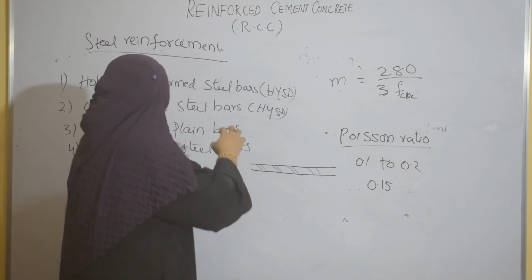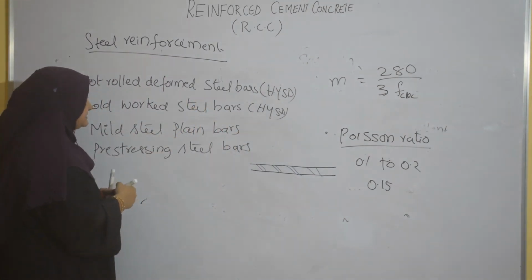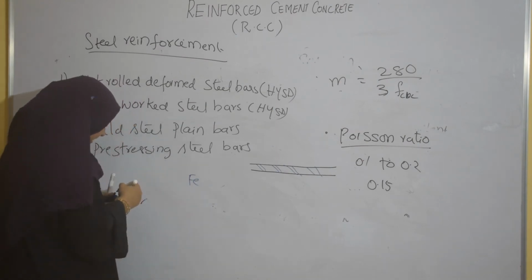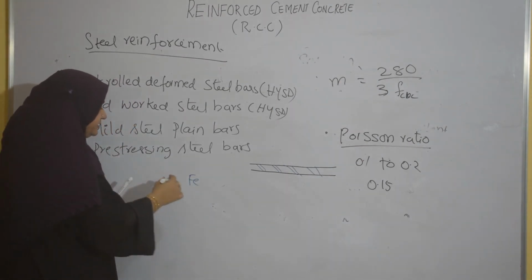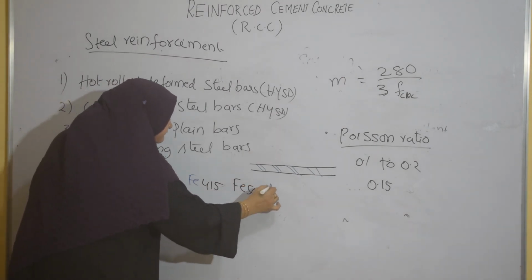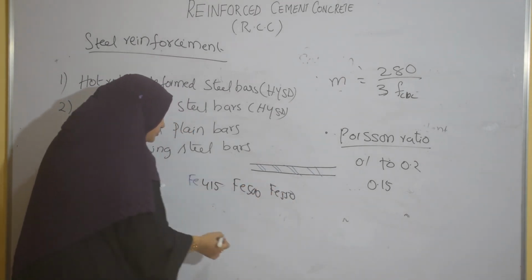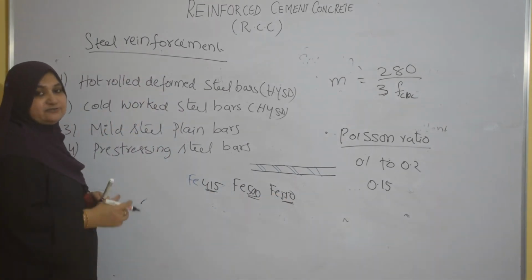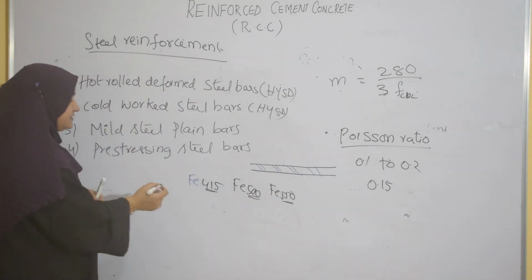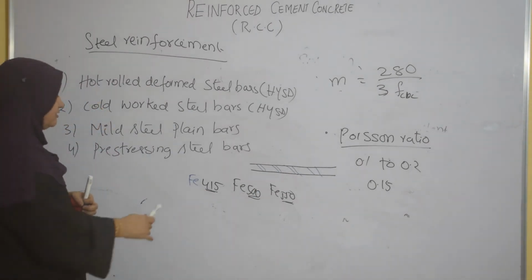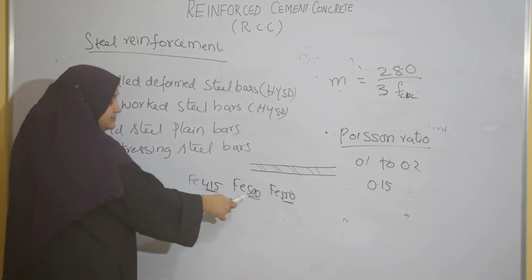So these are the two important HYSD bars, and they are represented as Fe. Fe stands for iron: Fe 415, Fe 500, Fe 550. This represents the characteristic tensile strength. 415 Newton per mm square is the permissible strength of this bar, and this is 500 Newton per mm square.